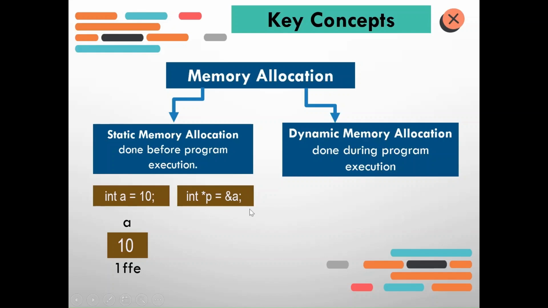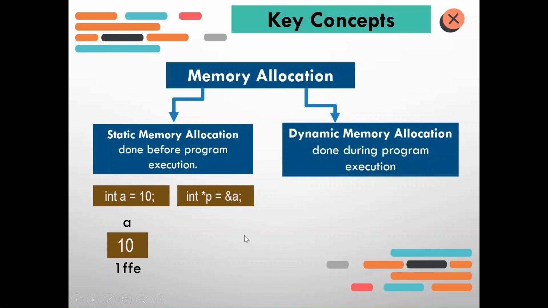That I was alluding to in the previous slide, that if you are storing the address of a structure variable, that pointer variable also should be declared as a structure variable, right? Since p is storing the address of a here, which is an integer, we need to declare p as an integer pointer.